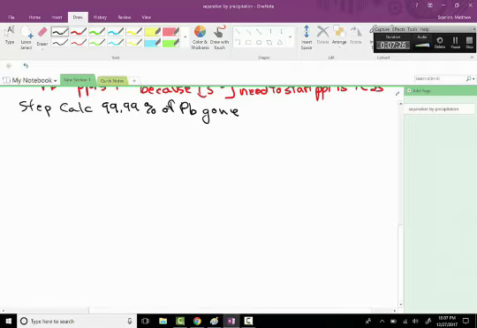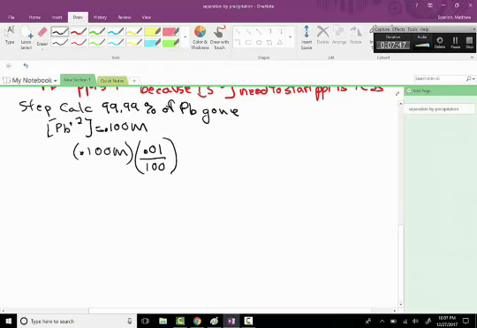So that will be the concentration of lead given, which is equal to 0.100 molar. So 99.99% of that is 0.100 molar. And the easier way to do it is 0.01 over 100. That would be the amount left, not the amount that disappears.